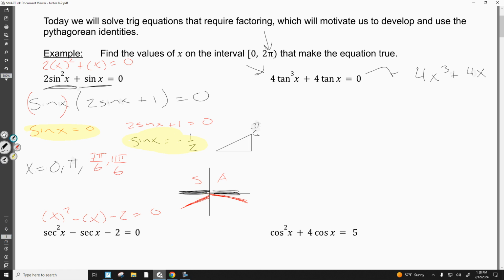Yeah, make this a minus. Yeah, make it a minus. There's a reason why I made it a minus.